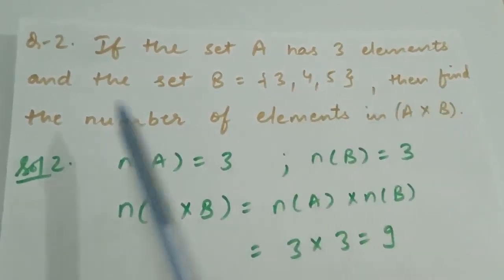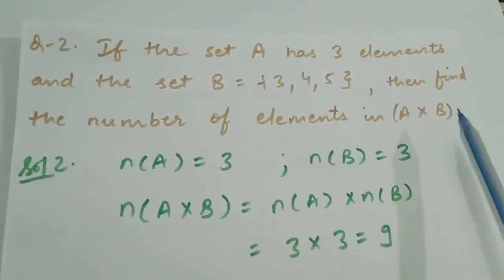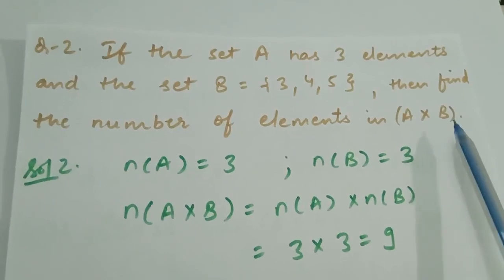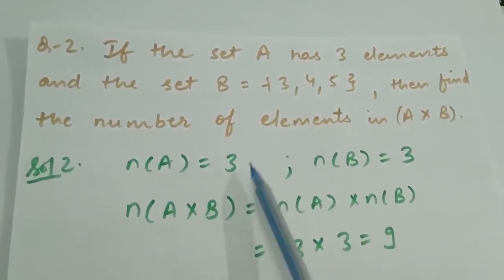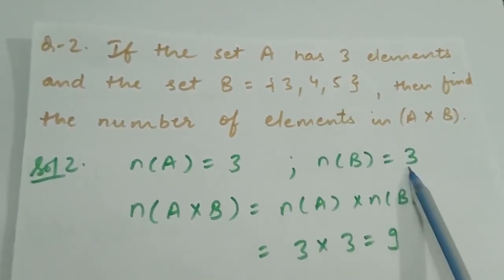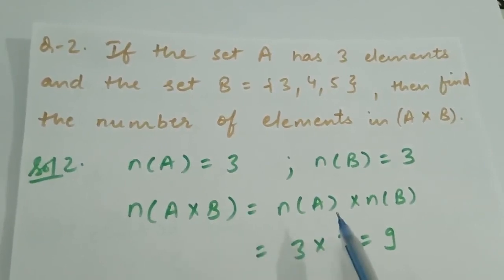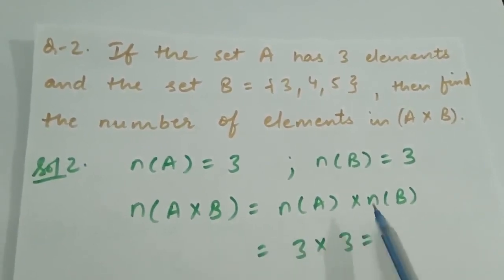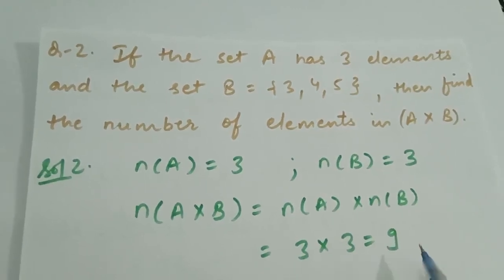Then find the number of elements in A cross B. So the number of elements in A is 3. In B we can see there are 3 elements. Now the number of elements in A cross B is the number of elements in A into the number of elements in B, which will be 3 into 3, 9.